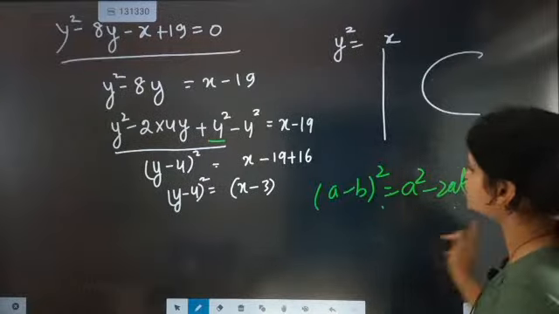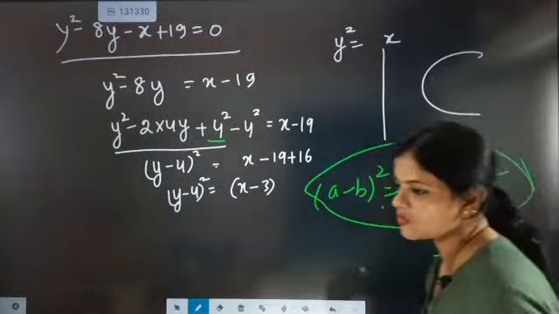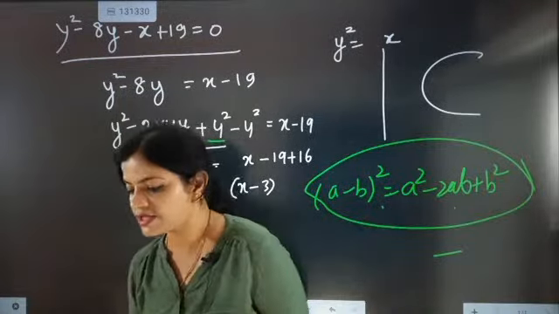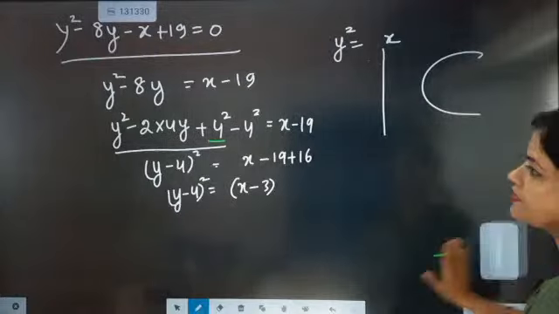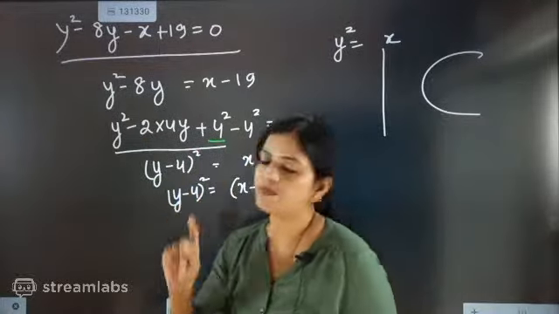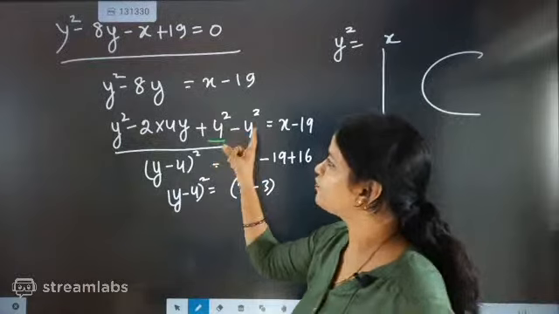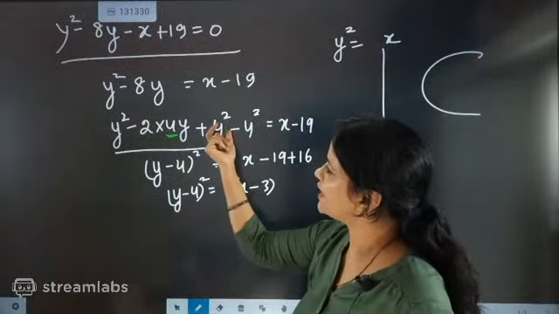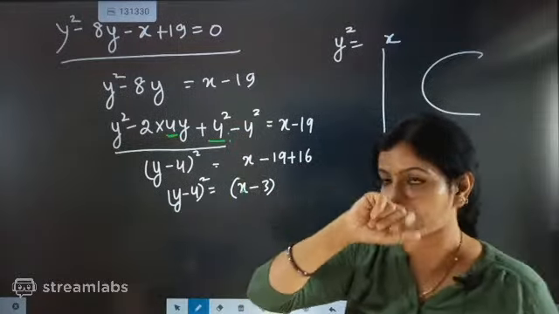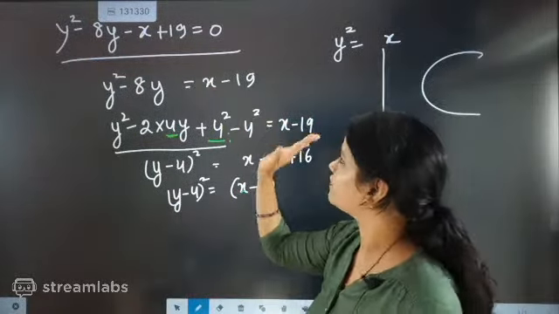Same thing I have done here. To make it a complete square, I added 4 square and subtracted 4 square, because here 4 is there but this part was missing. And this part I left as it is.